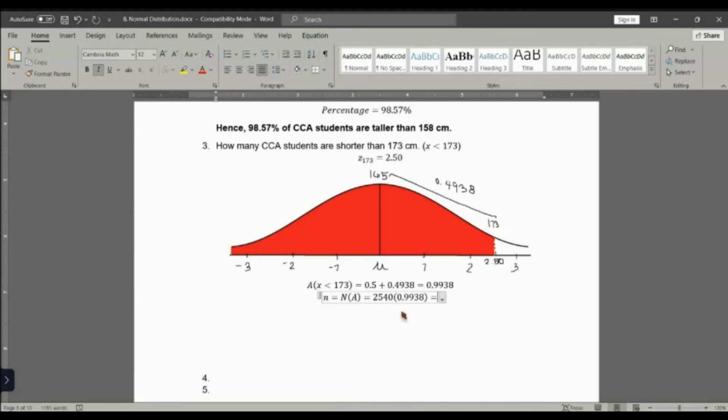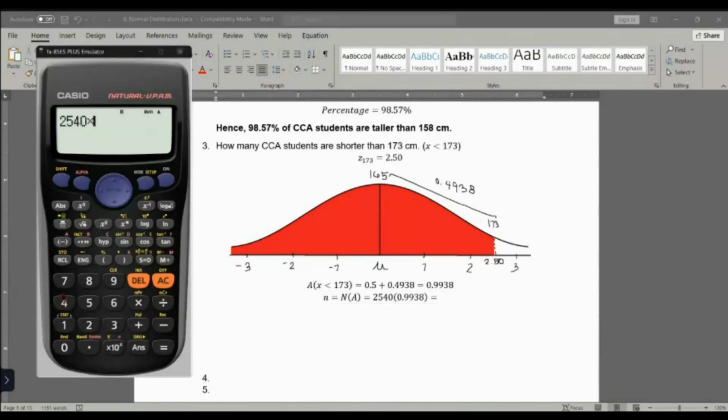Let's say for example here, using our calculator, 2540 times 0.9938 is 2524.252. Again, no matter how small or large our decimal point here, we will round up this value.